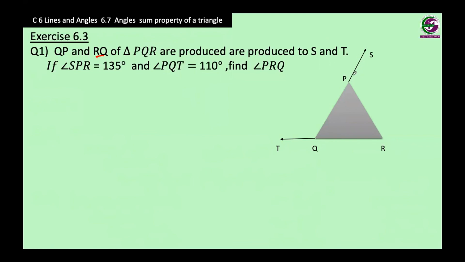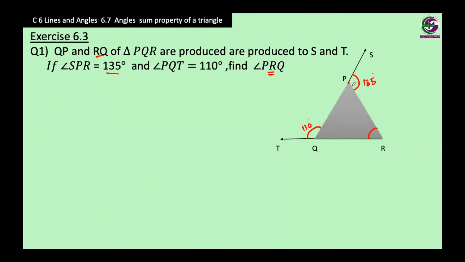This angle is 135 degree. It is given to you. And PQT. This angle is 110 degree. The question is to find PRQ. We have to find this angle. Let us call it angle R. We have to find angle R. It is a very simple question.